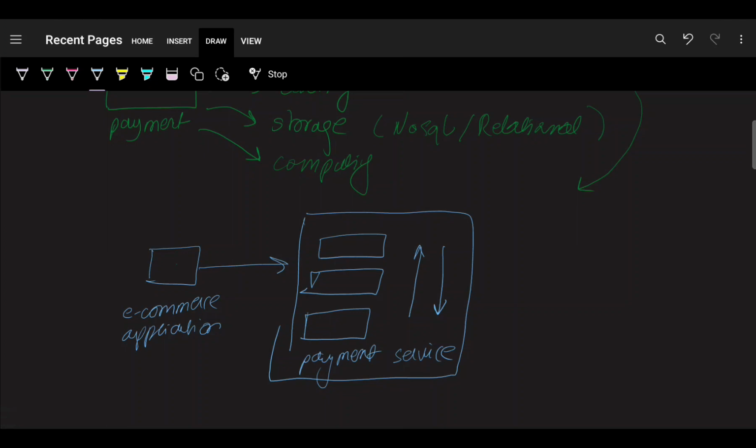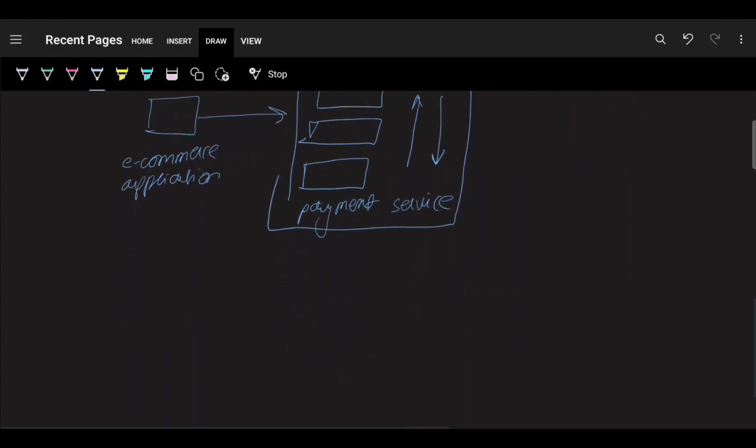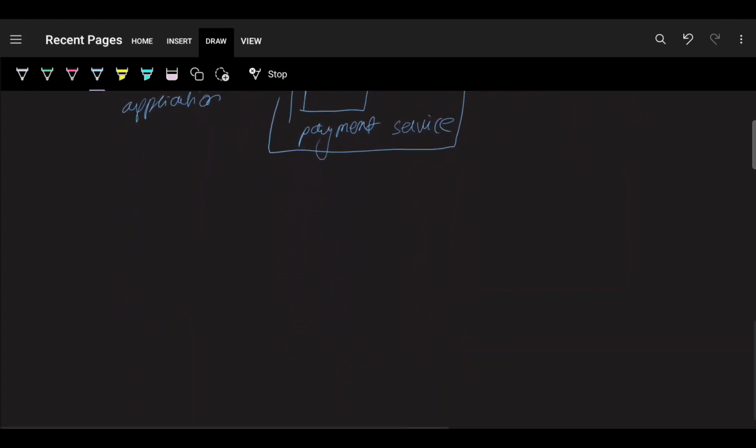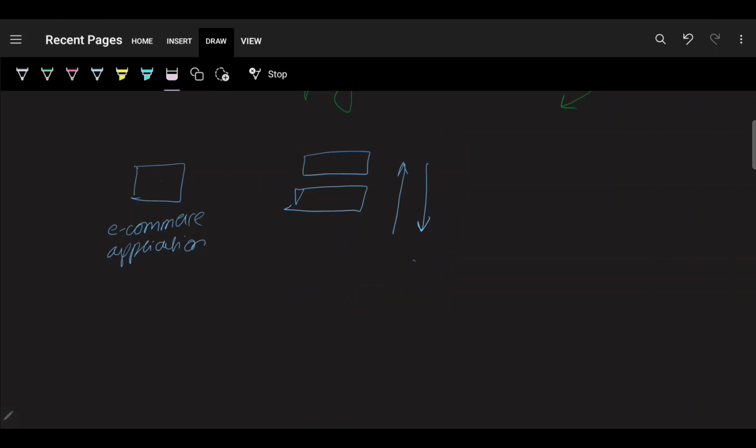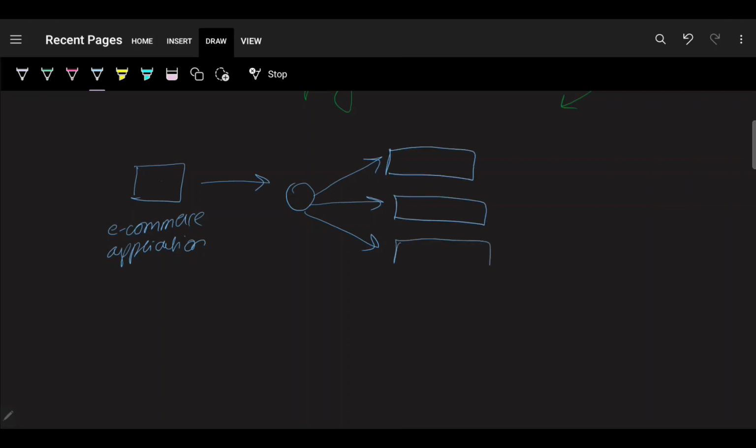All right. So since now we have multiple instances of our payment service, we have to think about balancing our incoming traffic. So this would basically translate into adding a load balancer over here, which would take care of your instances at the front face.